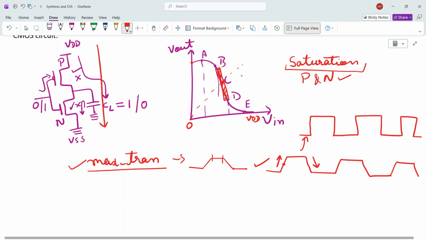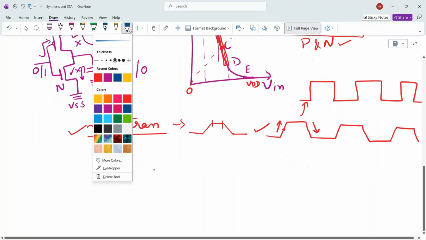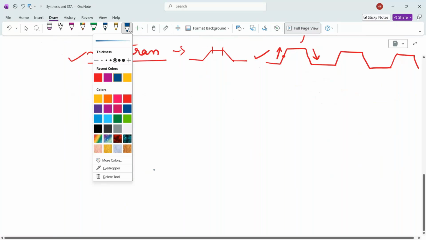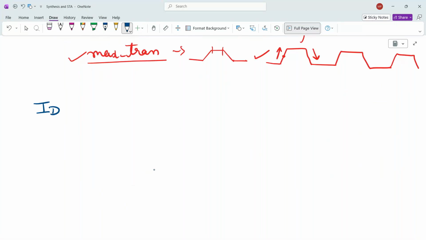Now again, there are certain things your transition depends on. The ID equation is really important to know.